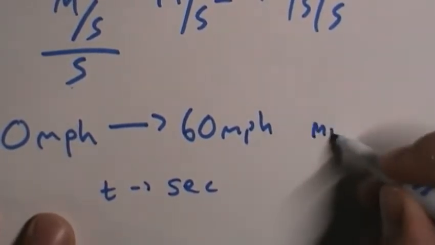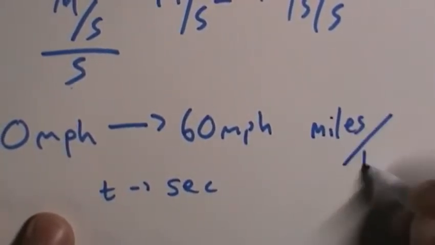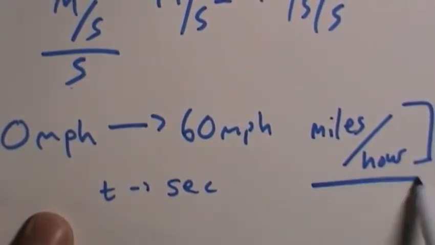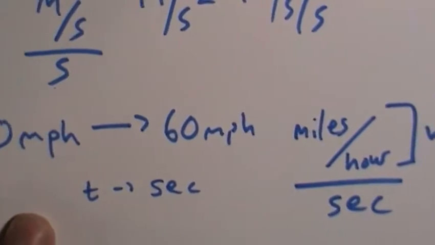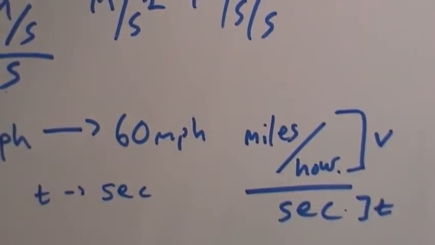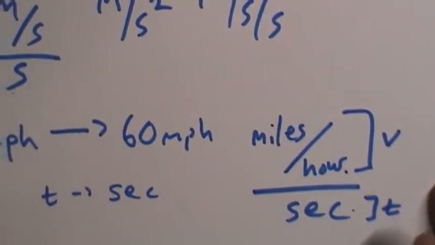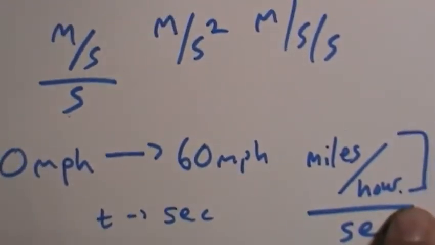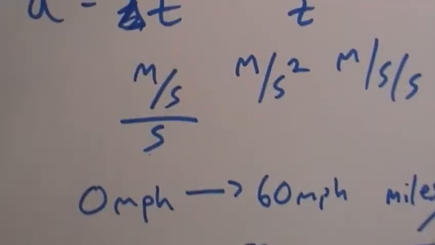You have miles per hour, which is our velocity, per second, which is our time. Not the same unit, so they can't combine mathematically. And so we're left with miles per hour per second. So some weird units. And it's all because we're changing our velocity over a period of time instead of our position.